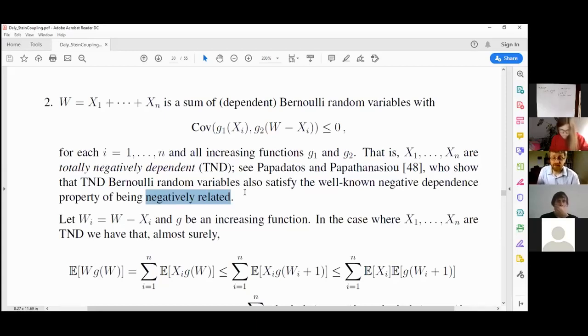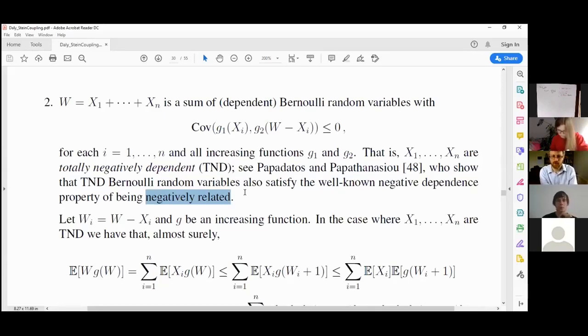But what negative relation says is that it's just another way of capturing this idea that if one of my x's is large and the rest of them are small, because it just says that if I look at the expectation of an increasing function of all of my x's apart from one, if I look at that expectation conditional on xi being 1, that's smaller than the unconditional expectation.